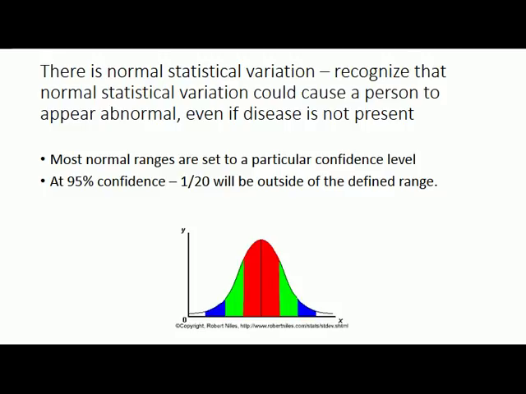We do need to consider that there is normal statistical variation when we determine reference ranges. So most reference or normal ranges are set to a particular confidence level, usually 95%. At 95% confidence, 1 in 20 results will be outside of the defined range, even though there is no abnormality in the person.